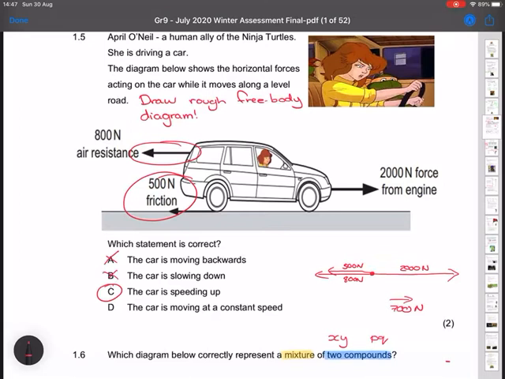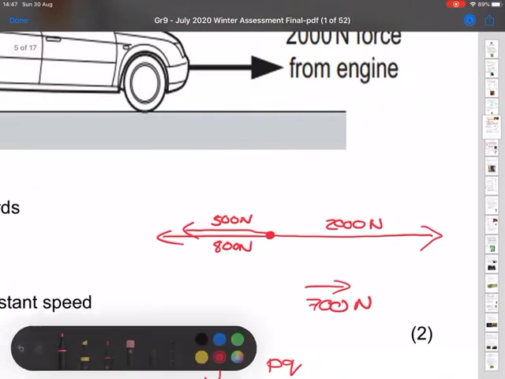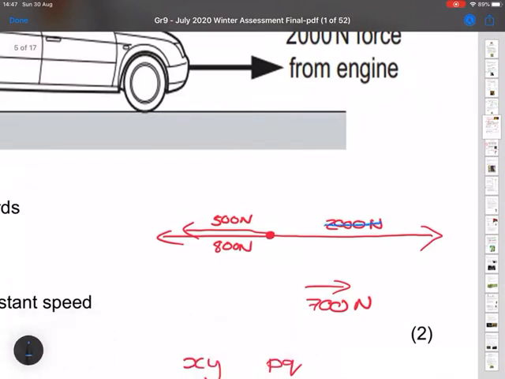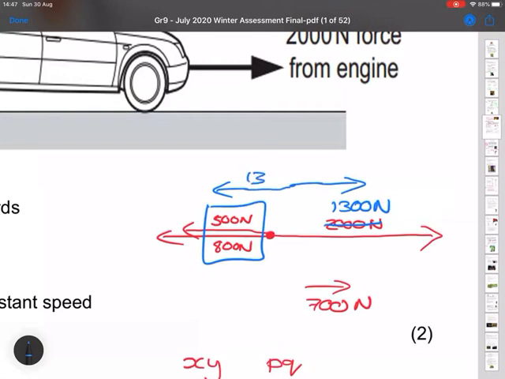The car is moving at constant speed. If there was no resultant force, so let's say that the driving force of the engine was 1,300 newtons, then you've got 1,300 to the right and 500 plus 800 acting to the left. So you've got the same amount acting to the left and to the right. 1,300 to the left, 1,300 to the right.